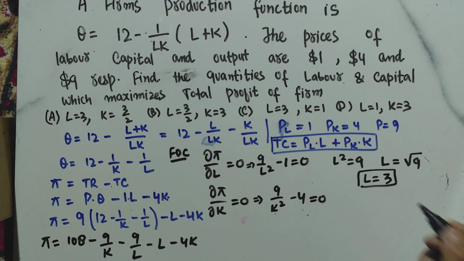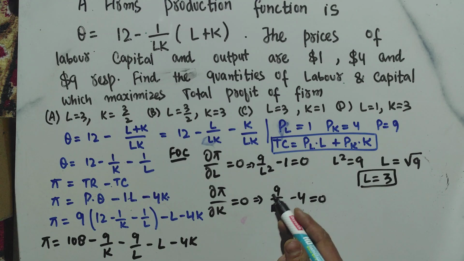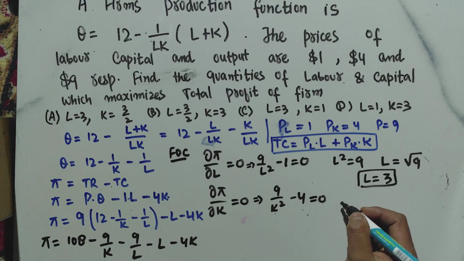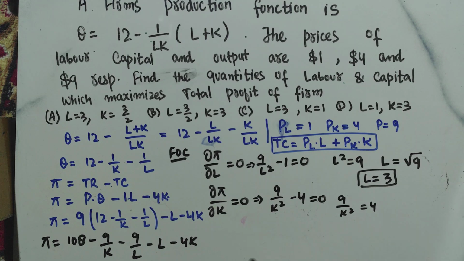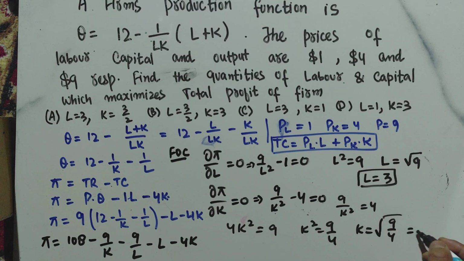Then 9 upon K square is equal to 4, or 4 K square is equal to 9, or K square is equal to 9 upon 4, or K will be equal to root 9 upon 4, which is 3 upon 2.